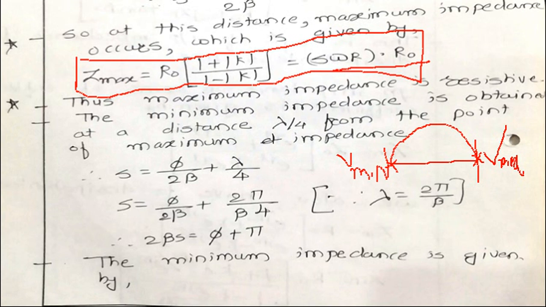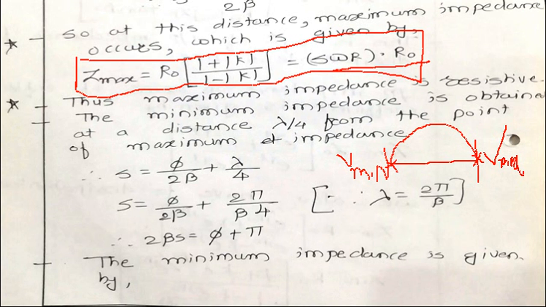So this corresponds to a distance of lambda by 4. If V max is observed at this particular point, at a distance of lambda by 4 over a transmission line I will observe a V minimum. Just right now remember this point. How it will happen, we'll see with the open circuit and short circuited line in the forthcoming slides. At that time this concept will become clearer. So the minimum impedance is obtained at a distance lambda by 4 from a point of maximum impedance.